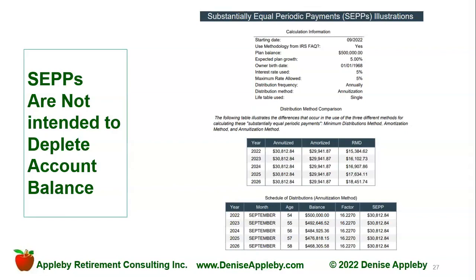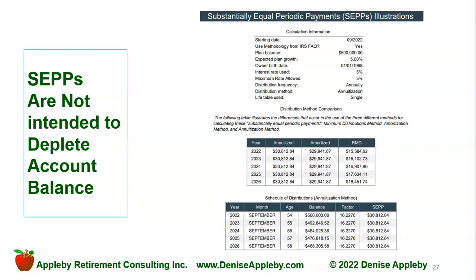And we're assuming that the account is going to grow at a rate of 5%. We want to be conservative here. And the individual chooses to calculate it over their life expectancy using the annuitization method. They're going to withdraw $30,000 per year.